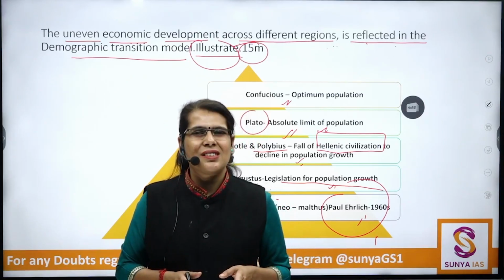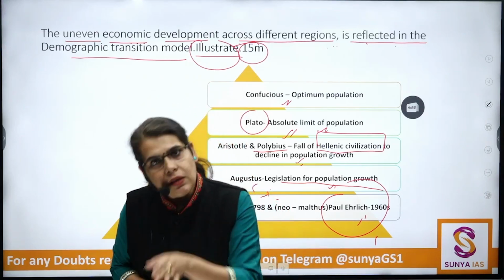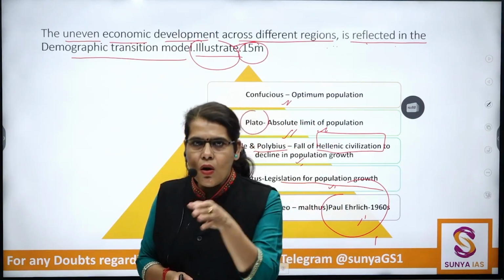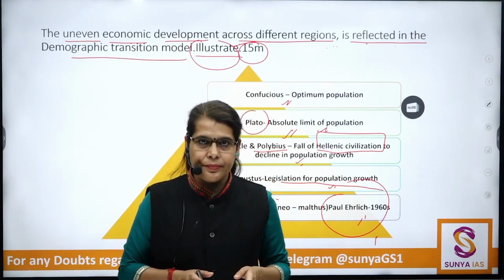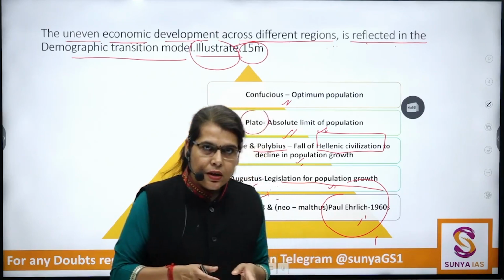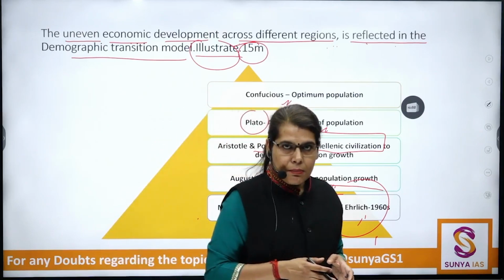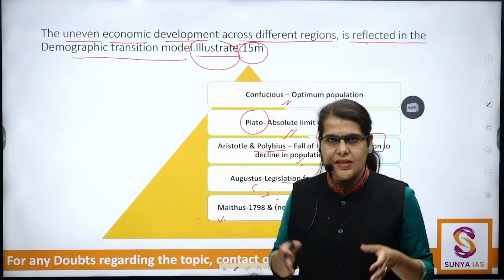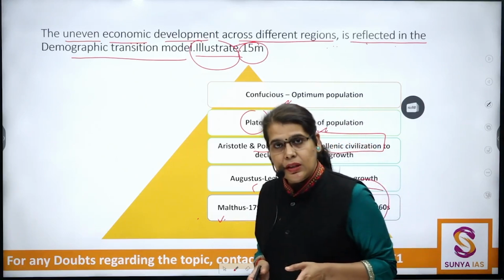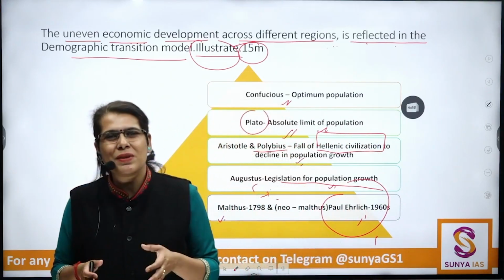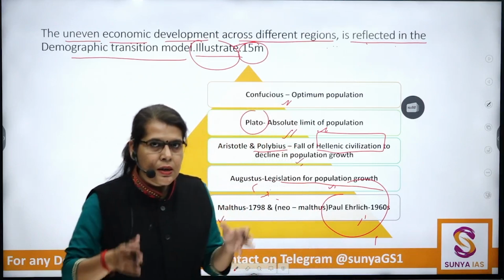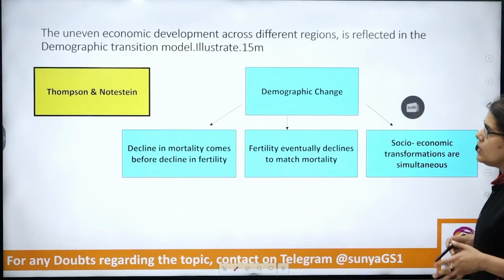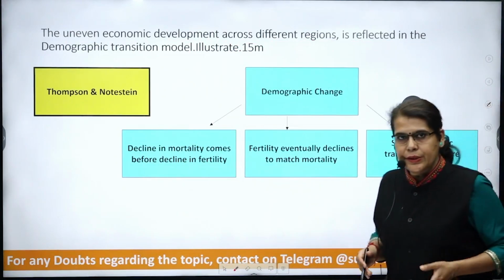That means fertility rates decline with socio-economic development. And although the observations were made in particular countries, the stages are applicable across most parts of the world. So here population is not talked about in a pessimistic scenario. I hope this is clear to you. These are some of the initial ideas which you can propose in the introduction.